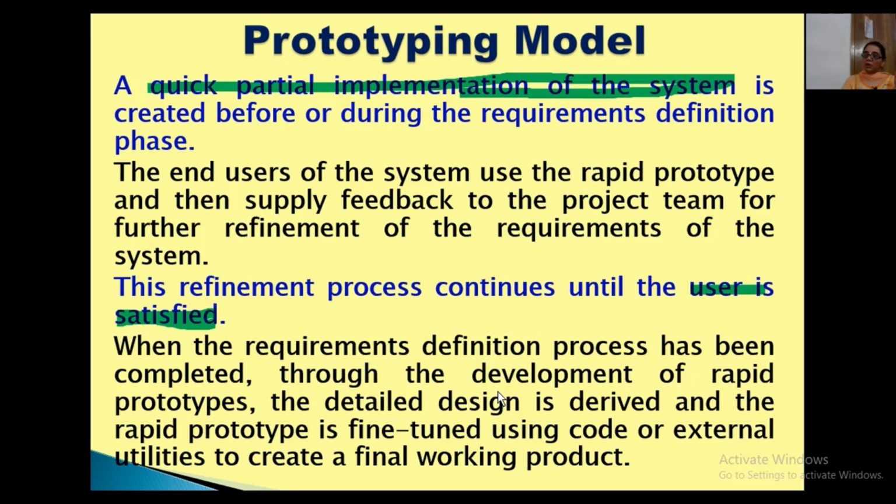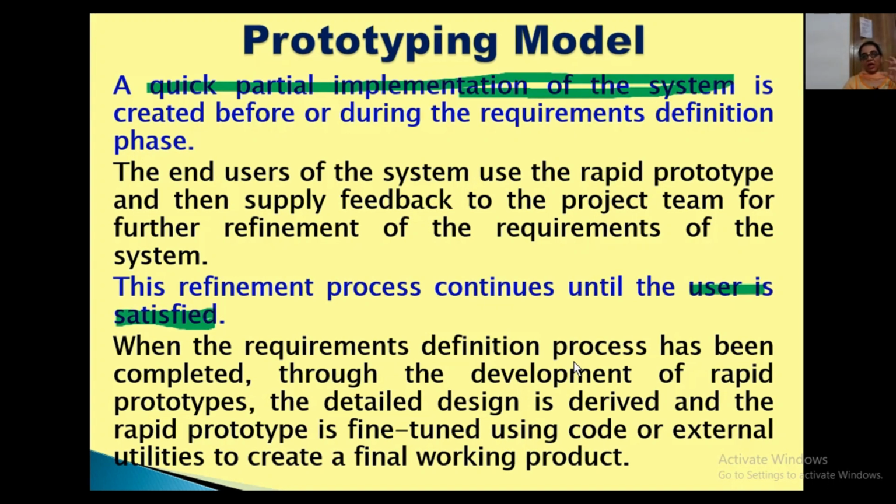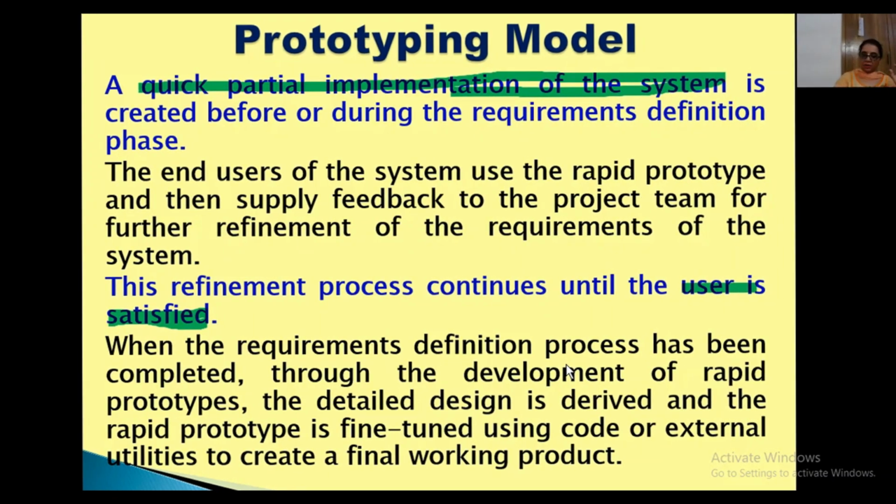Number 1 is for the requirements refinement. That is why we call it the requirements definition process, and it is not completed until the customer is satisfied. And then cycle 2 goes for the coding, implementation, maintenance and operation of the final product.